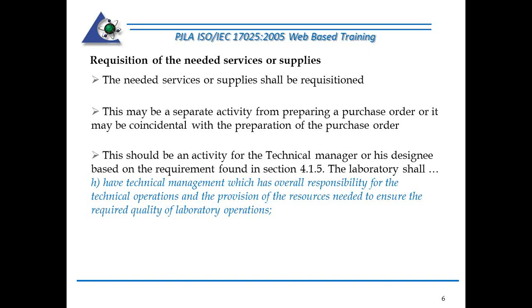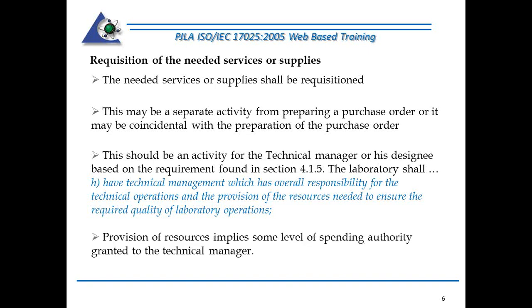Now, the fact that there is a responsibility for provision of resources implies some level of spending authority granted to the technical manager. If the technical manager has as part of his responsibility maintaining operation of the lab, maintaining operation of the equipment so that the ability to perform tests or calibrations is not interrupted, oftentimes that's going to require planned maintenance activities, such as calibration of the equipment.